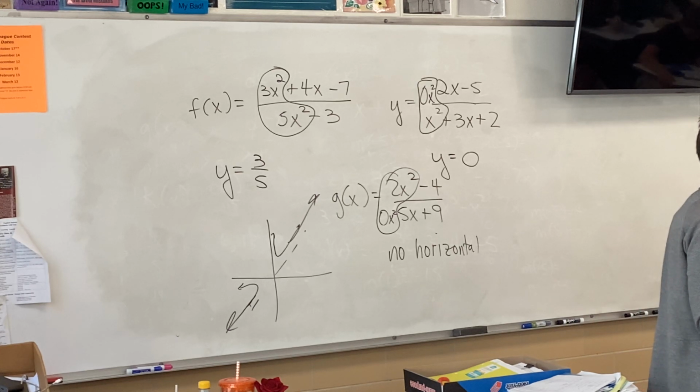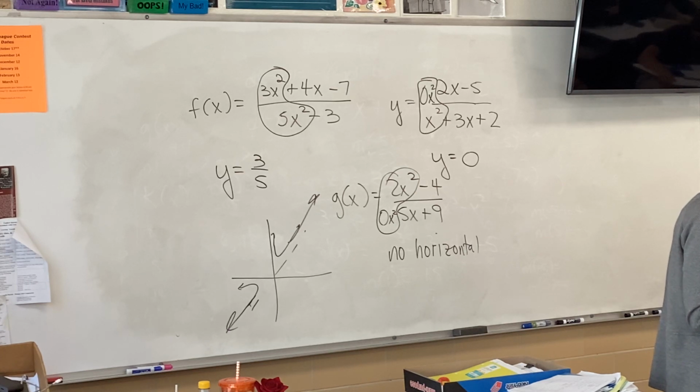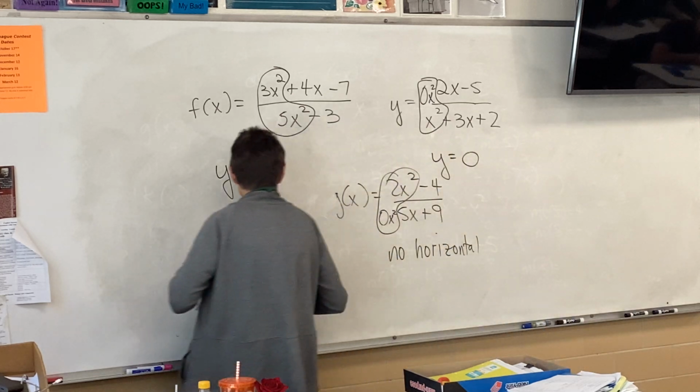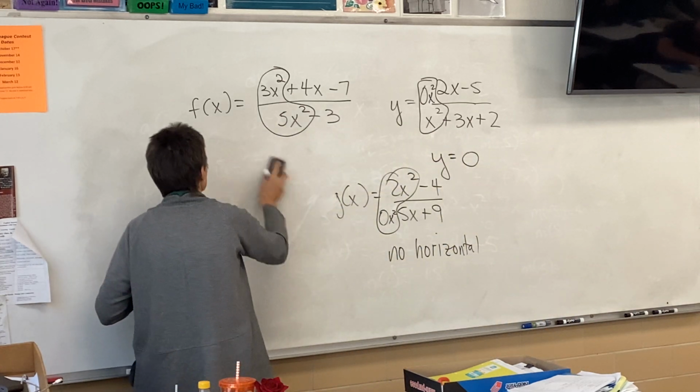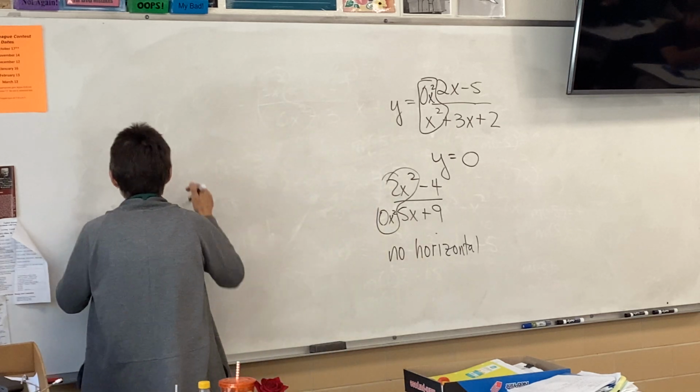All right, example 2. We'll get through a few of these and then we'll call it quits, because you're all exhausted for some reason. Okay. 2A. We have this big, giant rational function, and you have to describe its end behavior.